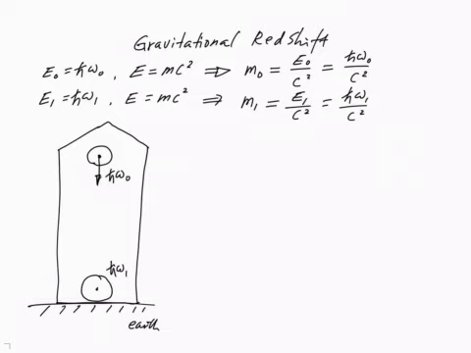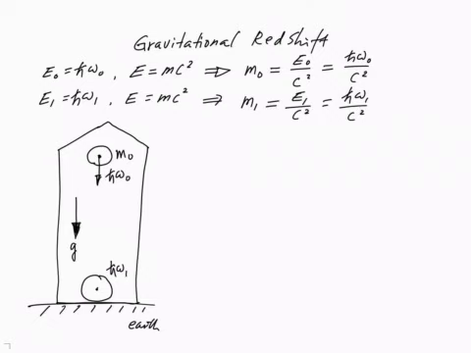In this case we'll assume the presence of a gravitational field, so we have a gravity effect on any mass. If that gravitational field acts on a mass m0, this mass is going to be impacted by g, and it's going to accelerate downwards to the bottom.